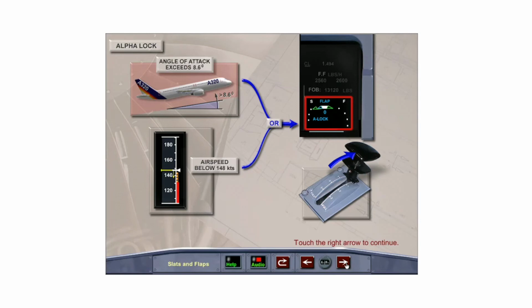When the flaps lever is moved from 1 to 0 under these conditions, the flaps only will retract. The slats will eventually retract when the speed increases to VLS for config 0. Note, slats do not automatically extend if pitch attitude is exceeded or if airspeed falls below 148 knots.